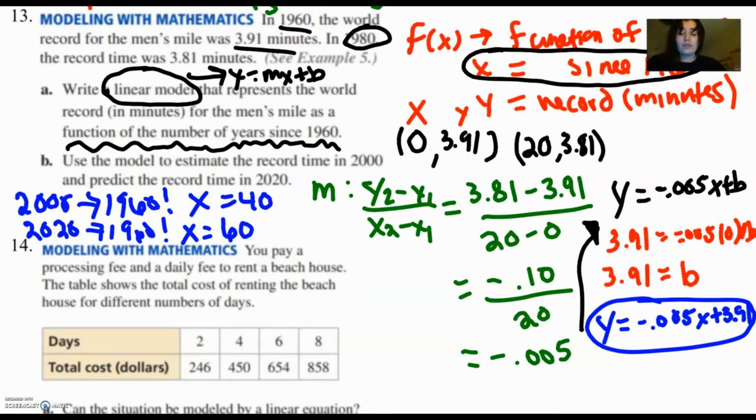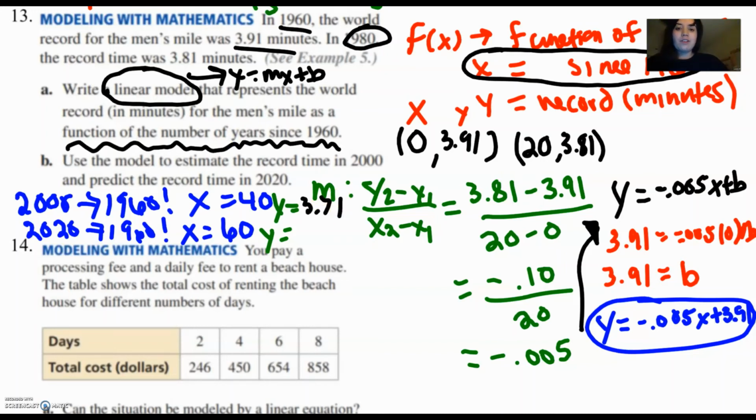So all we have to do from here is plug it into our formula. So our record time for y would be, let's plug these into our calculators. So for y, for 40 years, we plug that in and we get 3.71.